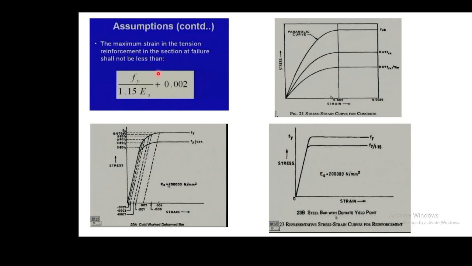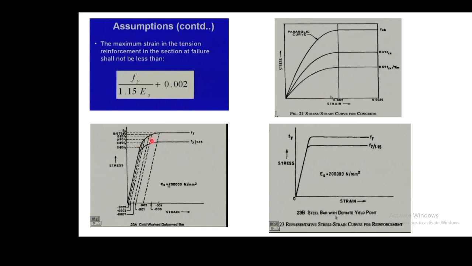As we know, the yield stress we calculate by considering the slope at 0.02% strain, and when that line cuts the stress strain graph, that point is called the yield strength of that steel. In mild steel there is a definite yield point, but in steel like HYSD steel there is no definite yield point.